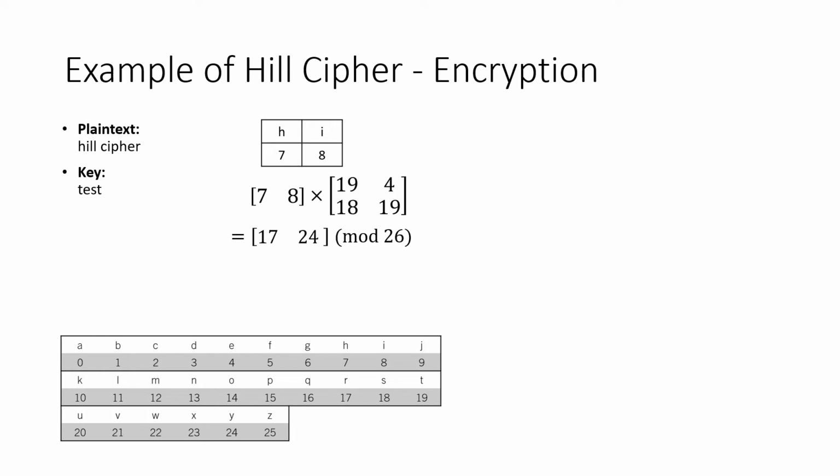So what we have done so far, we multiplied the two matrices and we showed that the resulting matrix is another 1 by 2 matrix with values 17 and 24 in mod 26. And this is actually going to be our ciphertext.